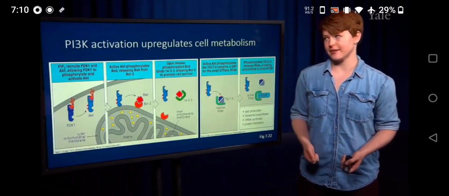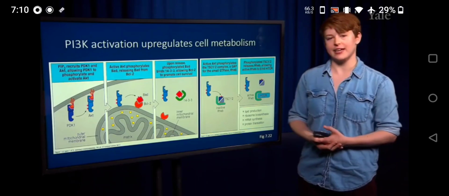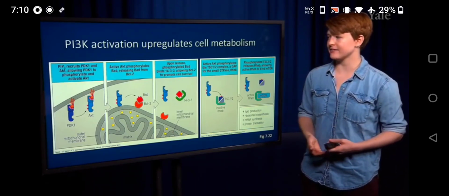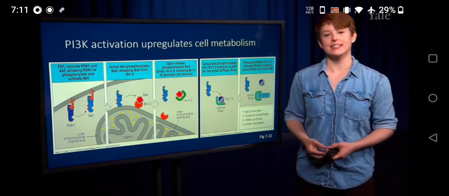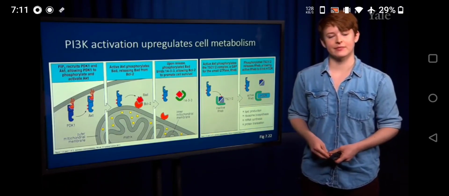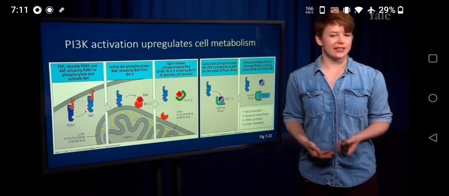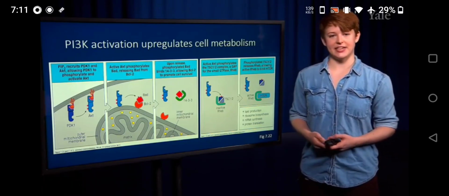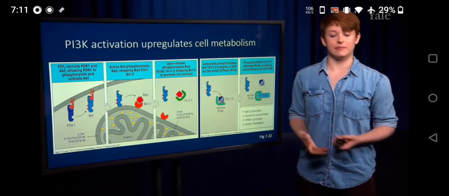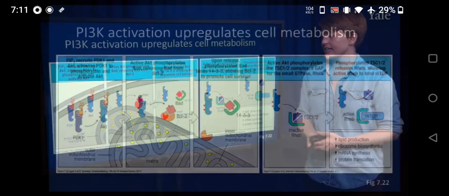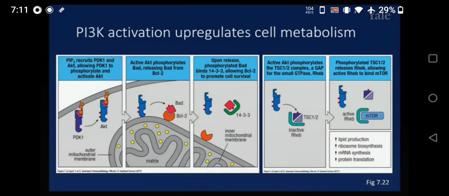Another example is PI3 kinase, and this activates different proteins leading to changes in cellular metabolism. These are really important for lymphocyte activation because these T cells and B cells as well need to be able to utilize glucose and produce different cellular metabolites in order to become activated.